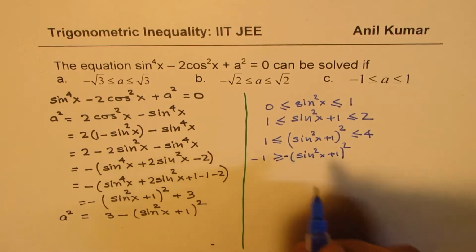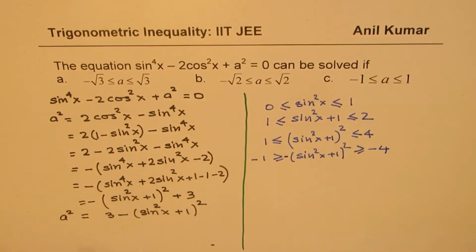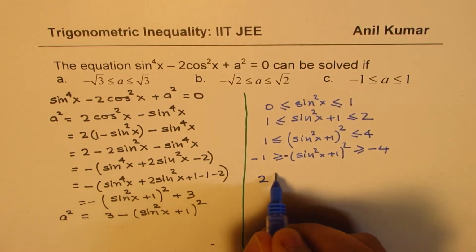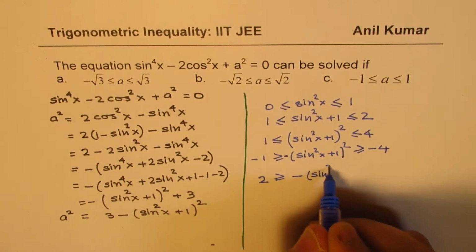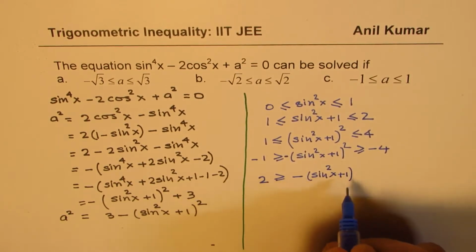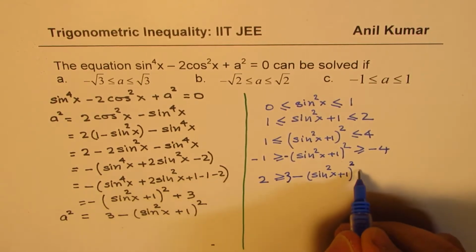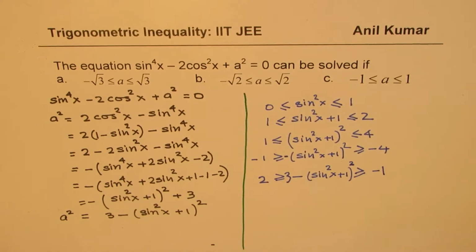We have negative 4. We have to add 3 now, right? So adding 3 will give you minus 1.